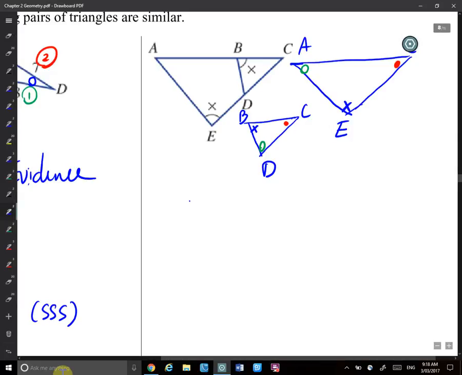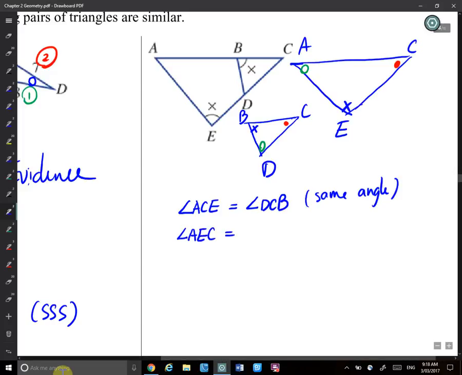But I still need to write that down. So angle ACE equals angle DCB, because they are the same angle. Angle AEC equals angle DBC because it's given, the two crosses.